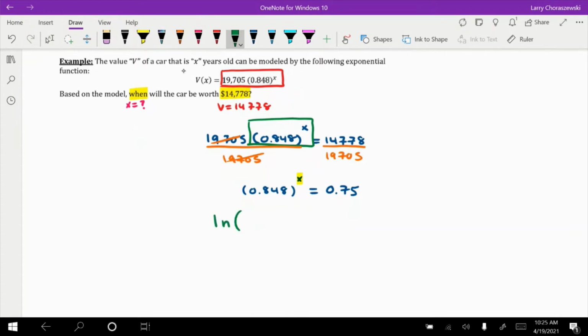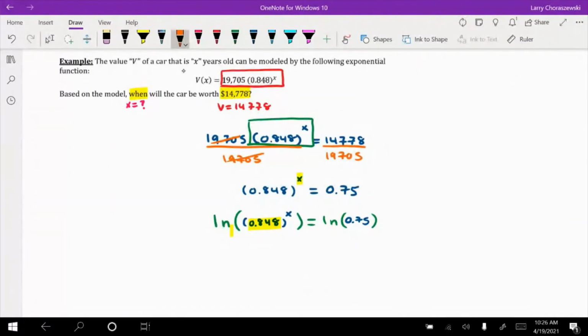Let's put the left-hand side in the natural log, which means we'll have to put the right-hand side in it. Now, because the base of the natural log doesn't match 0.848, these will not cancel.